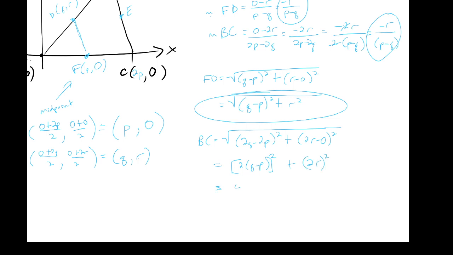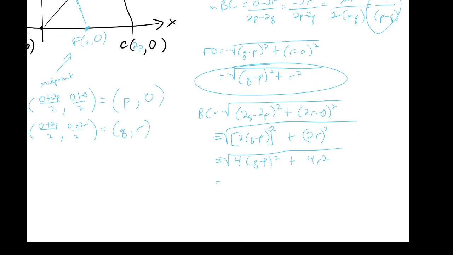What we wind up with is a 4 on the outside times the quantity Q minus P squared plus 2R squared, which is really going to be 4R squared, okay? So then what we can do here is factor out that 4. So now we have Q minus P squared plus R squared, okay?